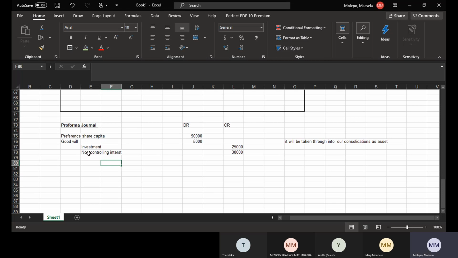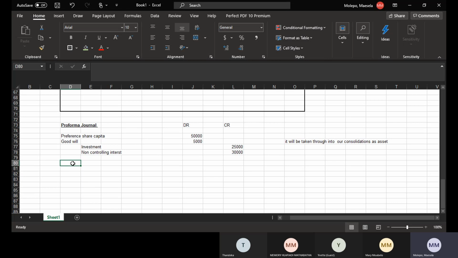Then the 33,000 is multiplied by 25%, which represents the NCI. So here it will be to record the portion of the profit based on the dividend.